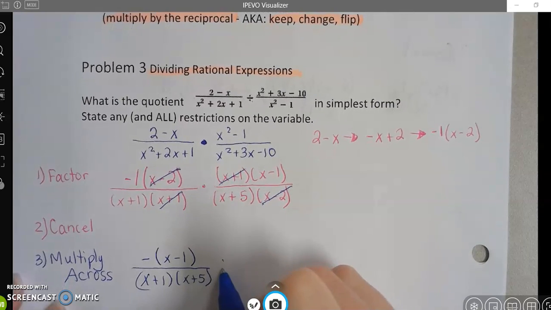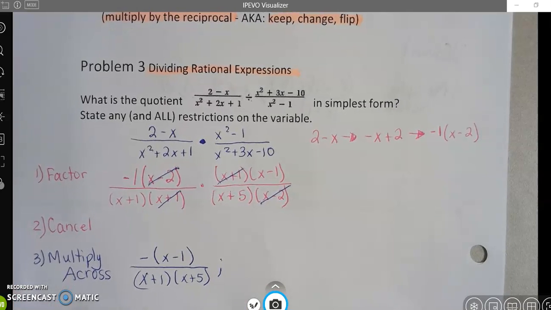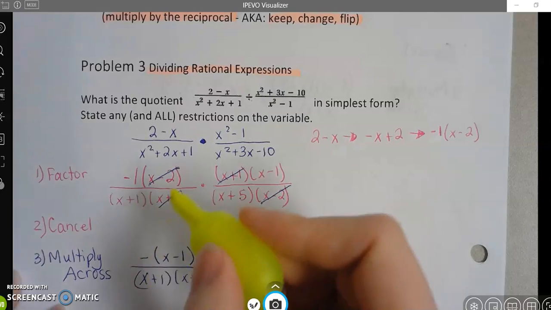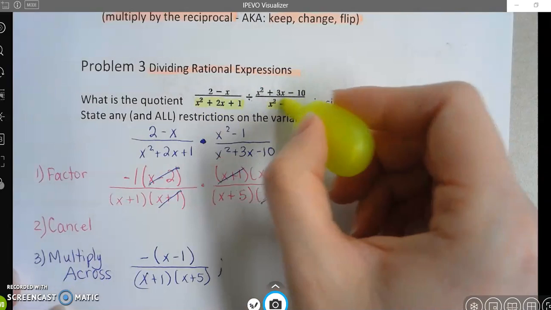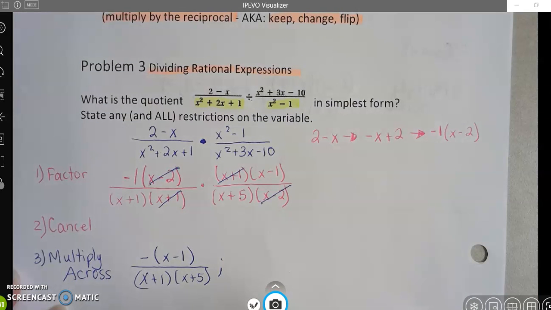And now we need our restrictions on our domain. So notice that our original denominators were x squared plus 2x plus 1 and x squared minus 1. You want to look at their factored forms to tell what your restrictions would be.